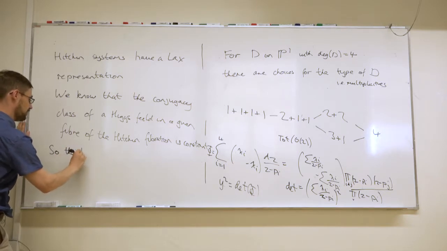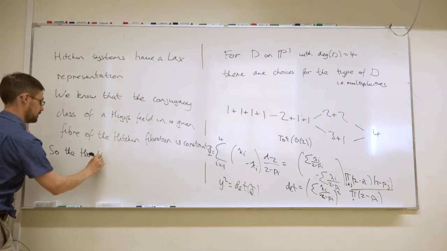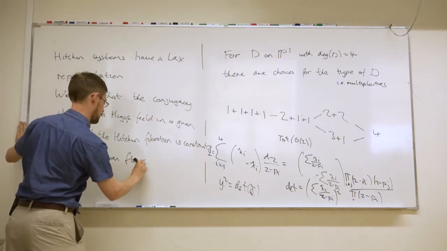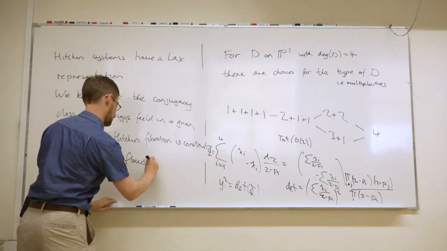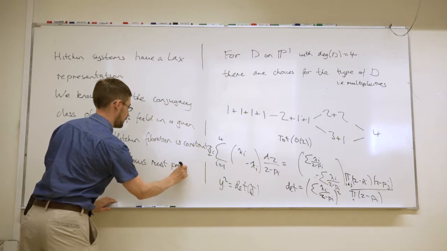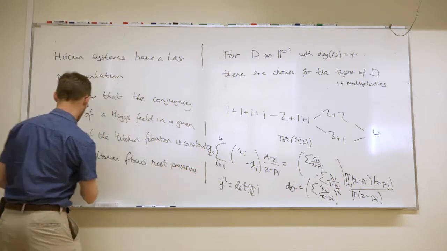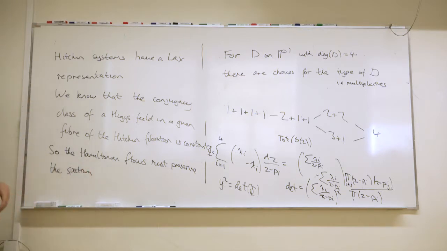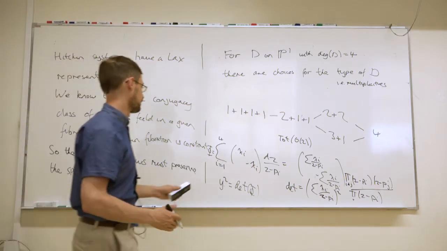So the Hamiltonian flows must preserve the spectrum. And this is all meant in a global sense over the Riemann surface C. There's a spectrum at every point of the base curve C, and this is preserved.